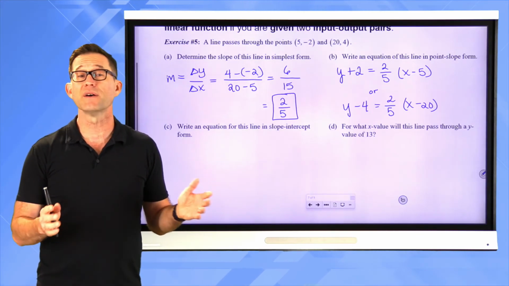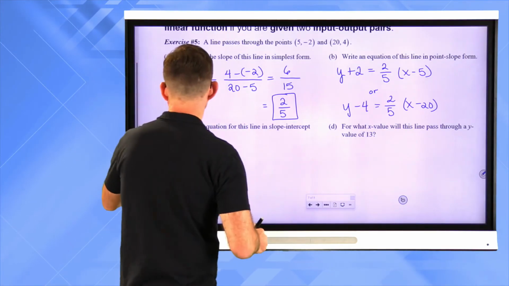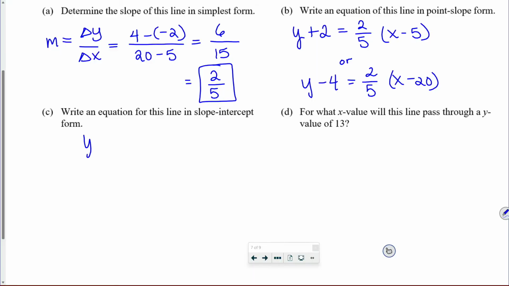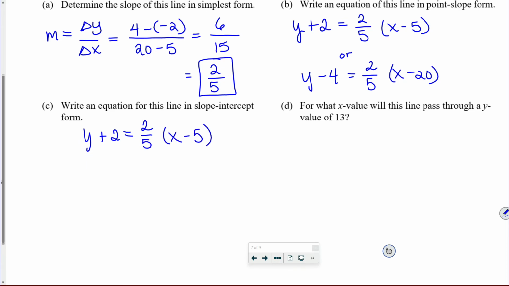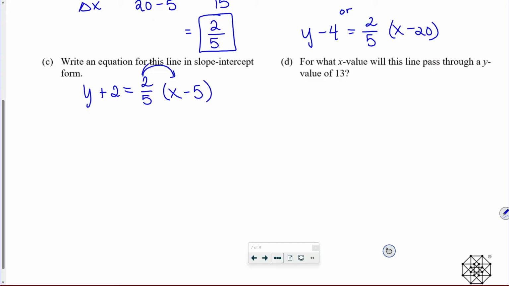All right, well, it doesn't matter which one you manipulate. I'm going to manipulate the first one. So I'm going to start with y plus 2 equals 2/5 times x minus 5. The first thing I'm going to do is multiply through this parentheses by that 2/5. Of course, 2/5 times x is just 2/5 x, and 2/5 times negative 5 is negative 2, because the 5's cancel and you're just left with the 2.